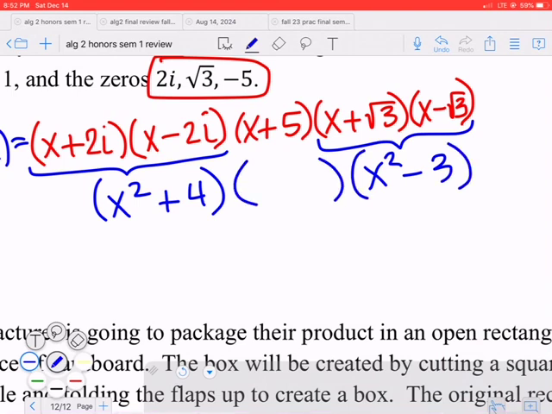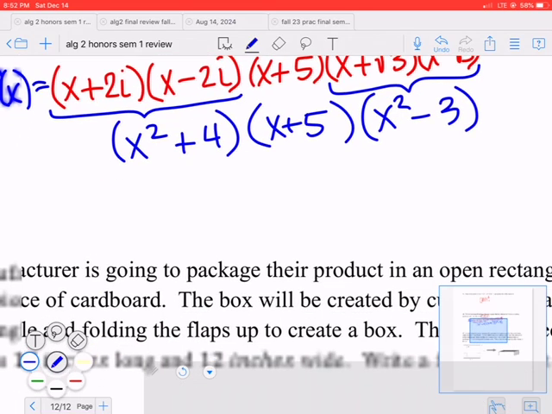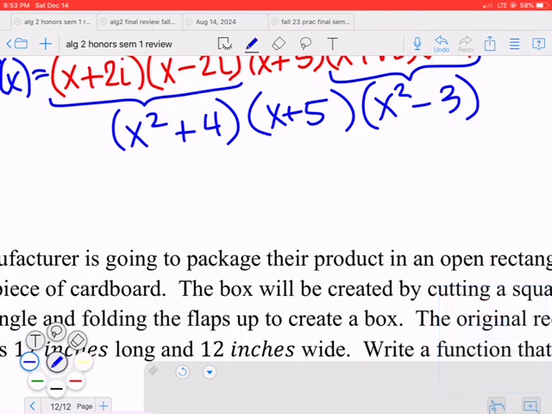And then the x plus 5 is just x plus 5. So we're going to multiply all this out. I'm going to FOIL this one and this one.